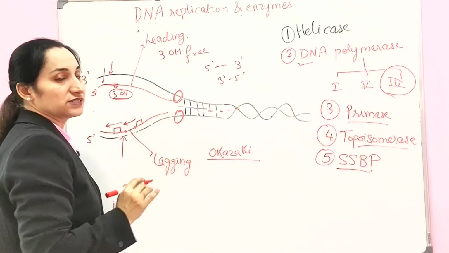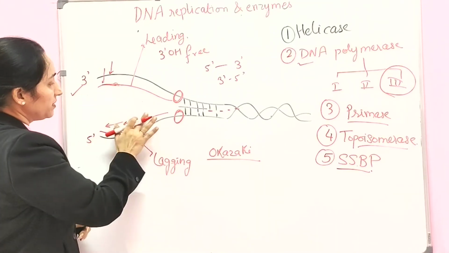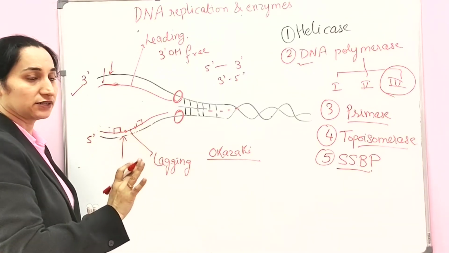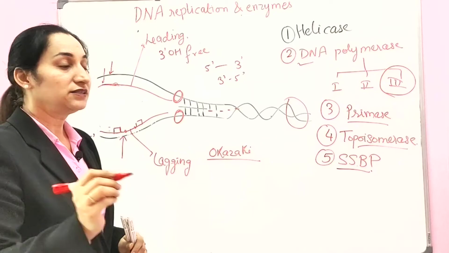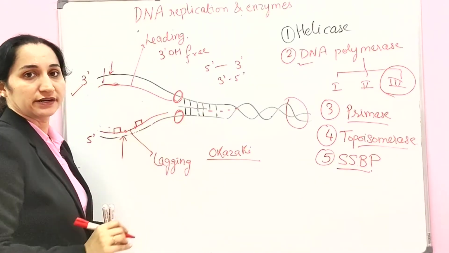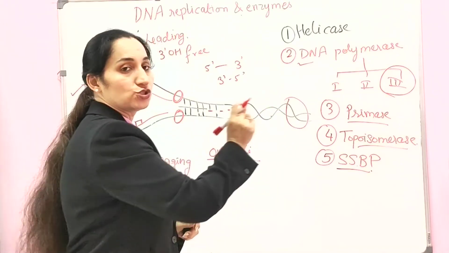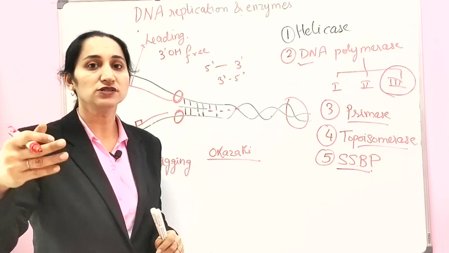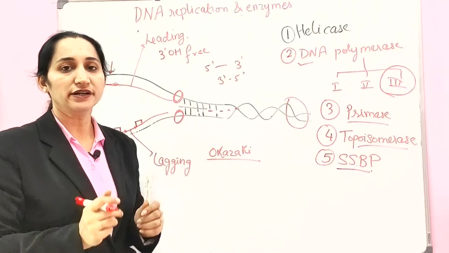Right. Now next, when these two complementary strands are finally formed, let us suppose they are formed. Now at the terminal end, what happens? At the terminal end of DNA, this primer is not able to sit there. So the terminal portion of the DNA is not able to replicate. If this happens continuously generation after generation, the DNA will start shortening.